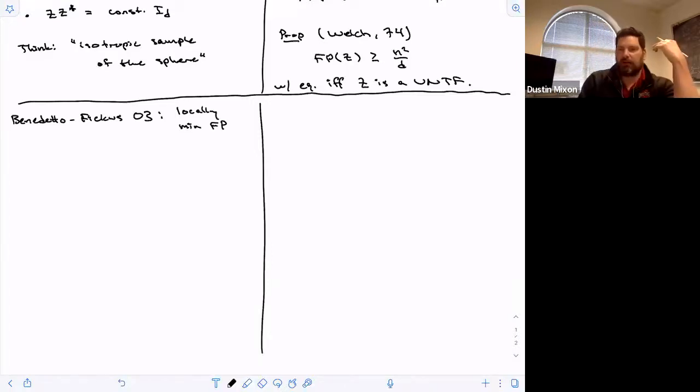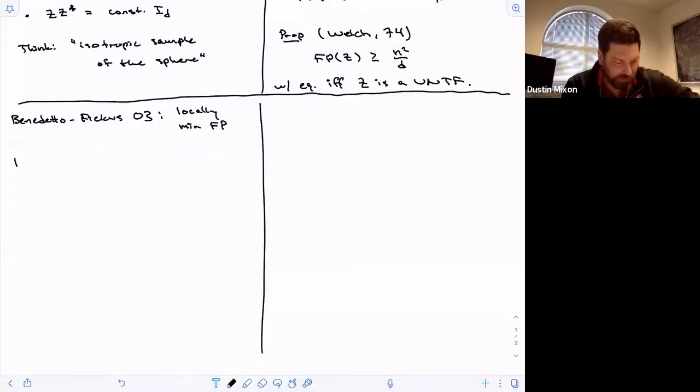So intuitively, you should be thinking of an analogy to point charges on a sphere, and they're repelling each other according to a Coulomb potential. And the frame potential is doing some sort of analogous thing and trying to sort out exactly what's going on there.